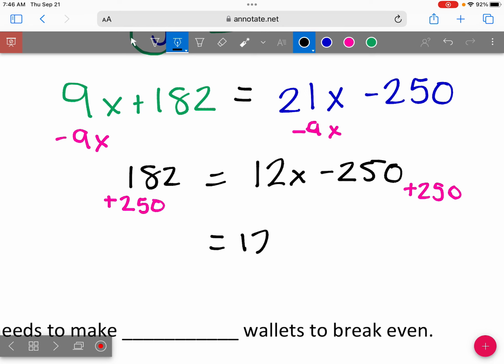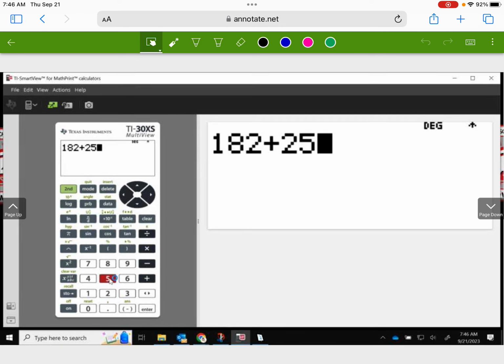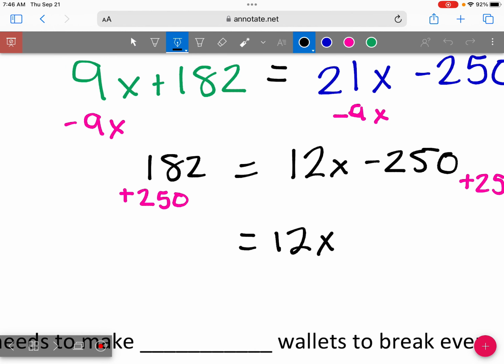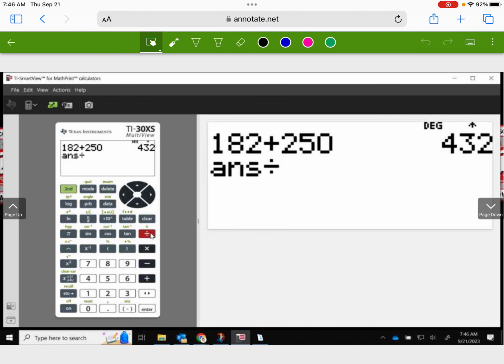So I have 12x equals, and we can use a calculator, no shame in that game, 182 plus 250, 432. What do I do to solve for x? Divide by 12. 36.